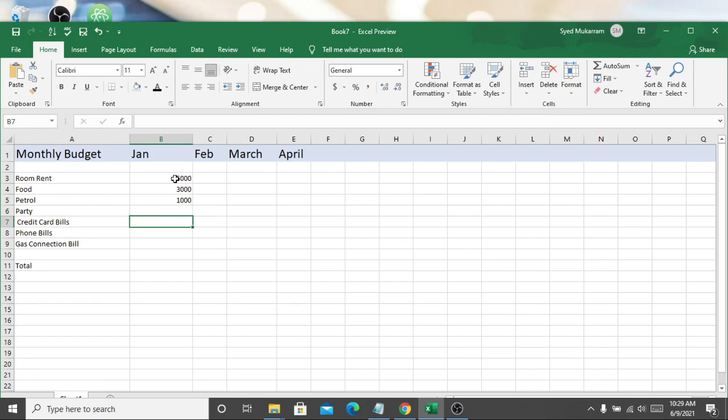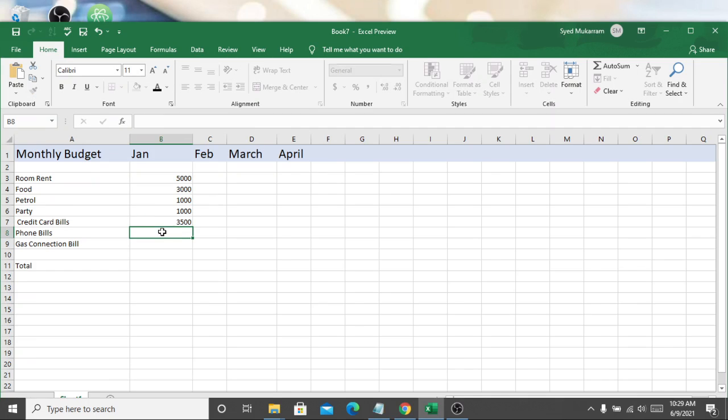We can calculate this in US dollars too, or, since we are currently calculating in INR, Indian rupees, we can calculate party expenses. The party expenses could be 1,000 rupees more. And then for the credit card bill I have a balance of 3,500.